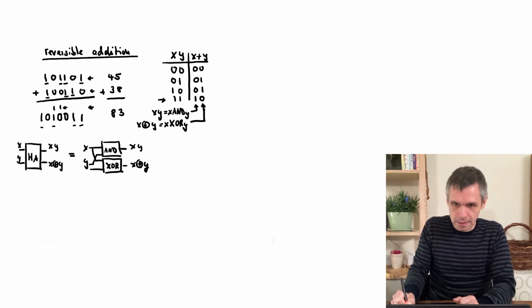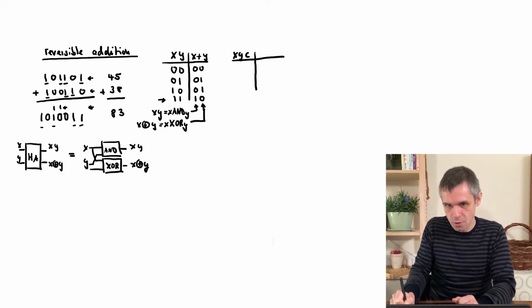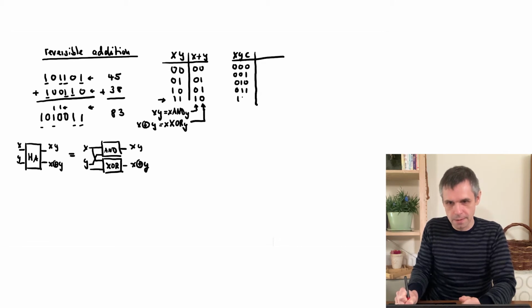Well, in the case that we have 1 bit carried over, we have a few more possible input situations, which I list all here. So now we have 8 possible combinations.